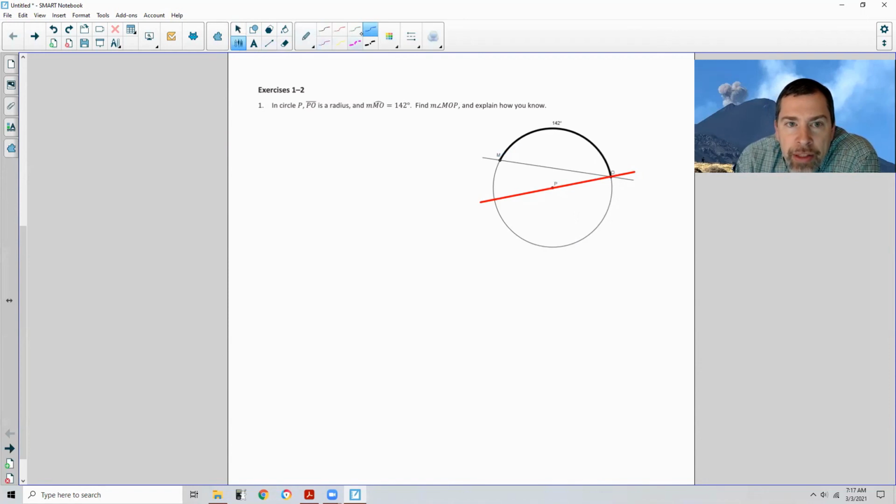So if I were to call this P, then the measure of arc MP plus 142 has to equal half the circle, or 180, which is 38 degrees. And the measure of angle MOP, that is an inscribed angle, it's half the intercepted arc, so it's 19 degrees. So the measure of angle MOP equals 19 degrees.